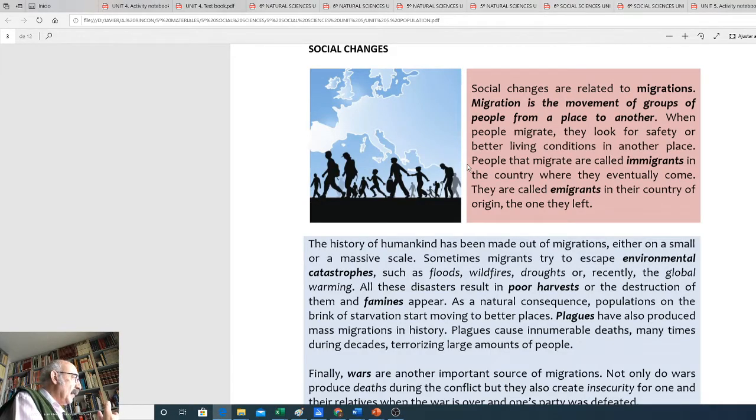Maybe you remember the Jews; they were expelled by the Catholic monarchs. The Muslims were expelled by the king of Spain in the 17th century. When America was discovered, many Spaniards went there to make a living, and the opposite was true as well. Okay? So migration is something that is crucial, not only in Spain but in all countries.